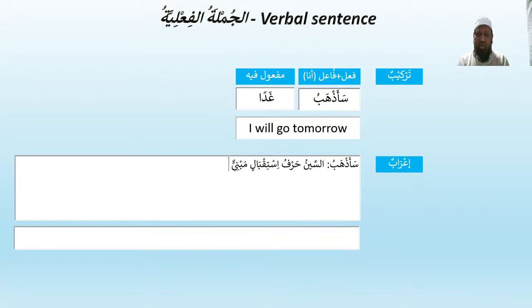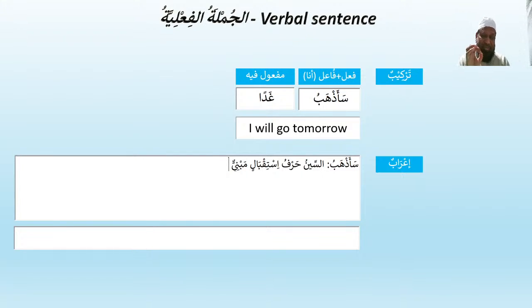So what do we see? Any haraka you can pronounce, that is the mabni. If you pronounce fatha, it is mabni ala al-fatha. If you pronounce kasra, mabni ala al-kasr. If you pronounce dhamma, mabni ala al-dhamm. If you pronounce sukoon, mabni ala al-sukoon.